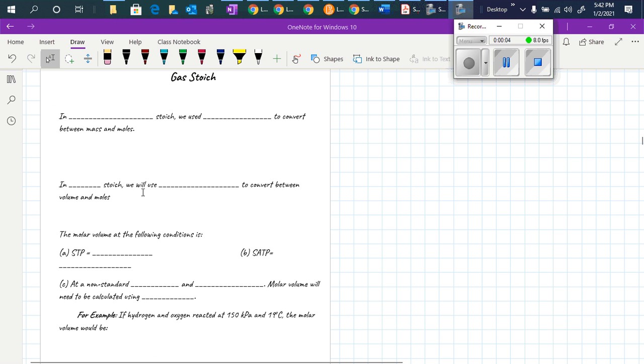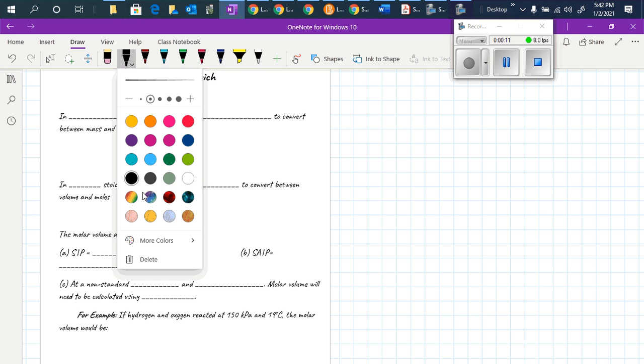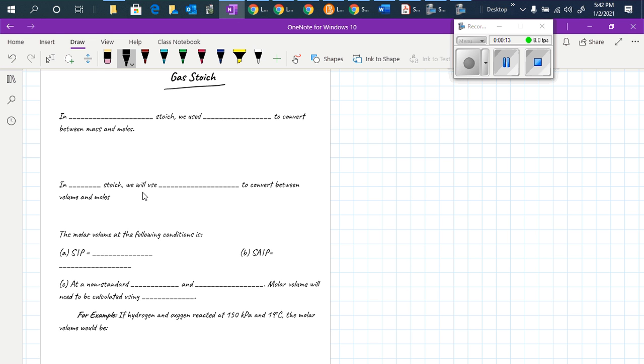So let's move now to the second part of lesson 2, which is gas stoichiometry. So in gravimetric stoich, we use the molar mass because when we are moving from moles to mass, the connection between the two is the molar mass.